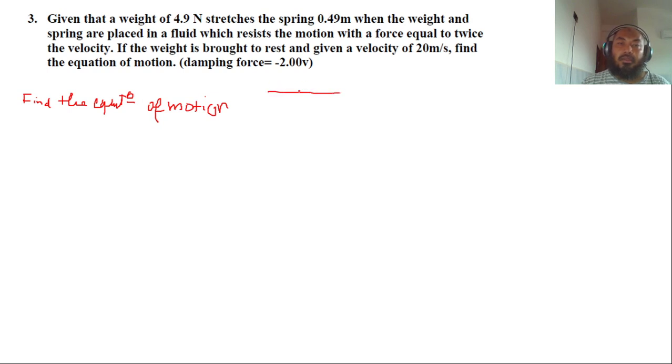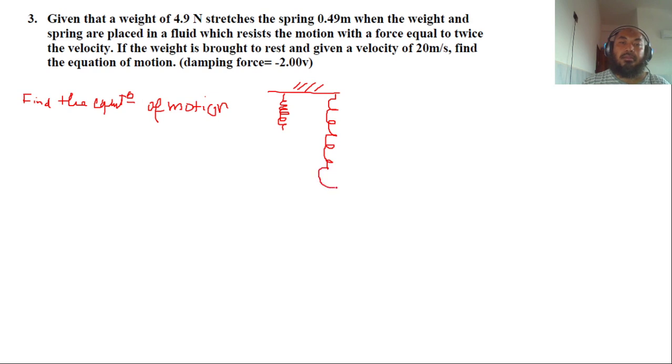Okay, let us see. This is our fixed support, and this is the spring before it is given a weight. And after that, this is the spring after giving the weight.